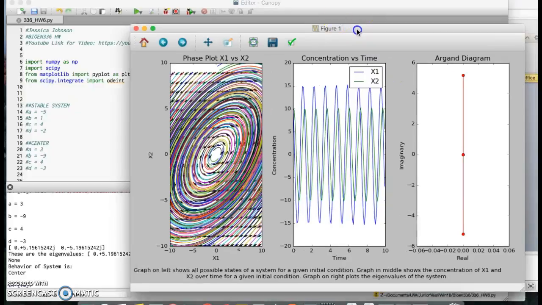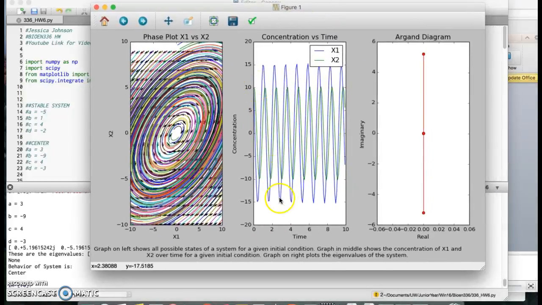This system is a little different because you can see it has an oscillation as time goes on. It's still a stable system because the arrows are still pointing inward. So it's still converging, but it takes a much longer time because it goes around and around. So for 10, 10, which is out here, it has to spiral in a lot to get to steady state. In our time window of 0 to 10, we don't reach a steady state. We just get this oscillation.